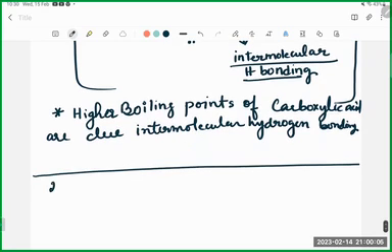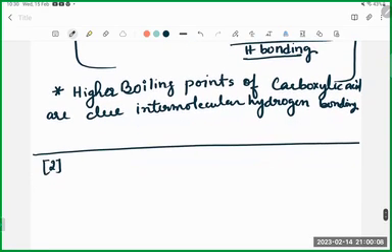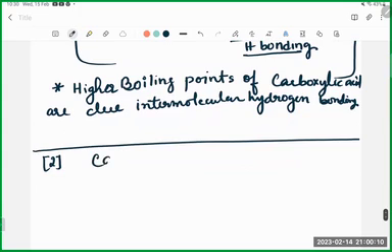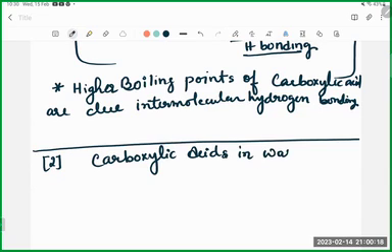Second property. Carboxylic acids are soluble in water. Obviously, they will be soluble. Right? Yes, ma'am. Why? Because they can form intermolecular hydrogen bonding with water. So what is the reason?